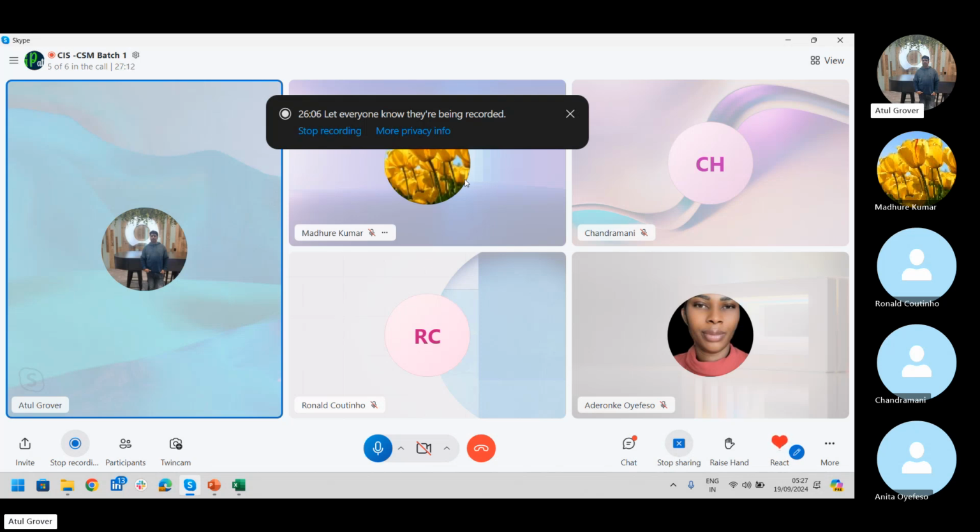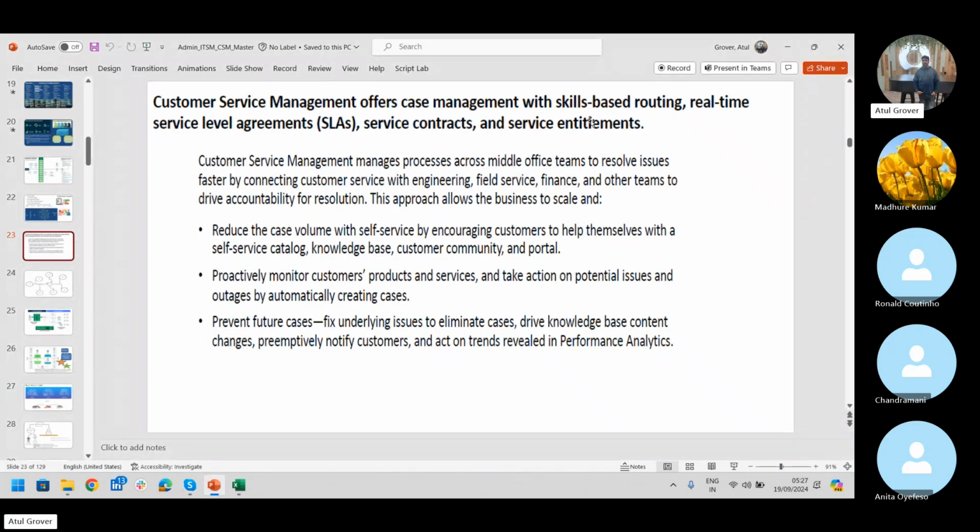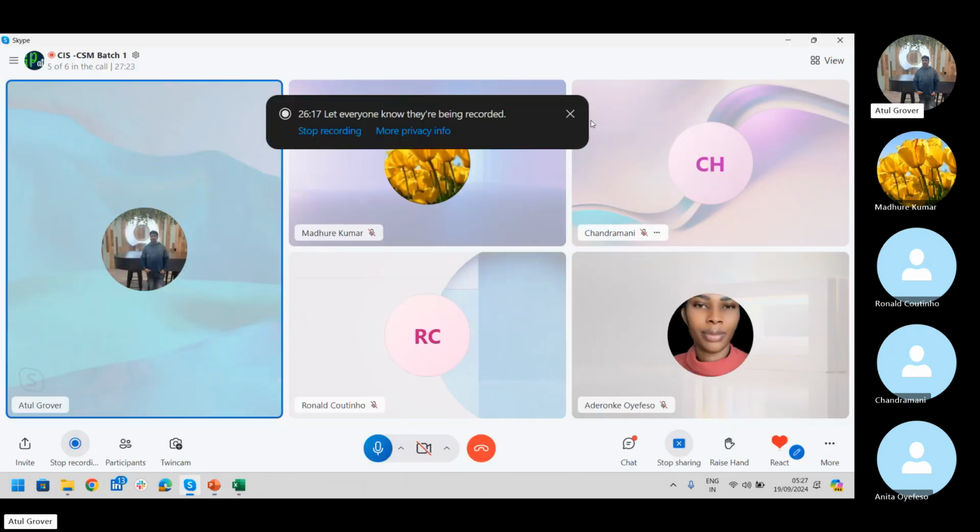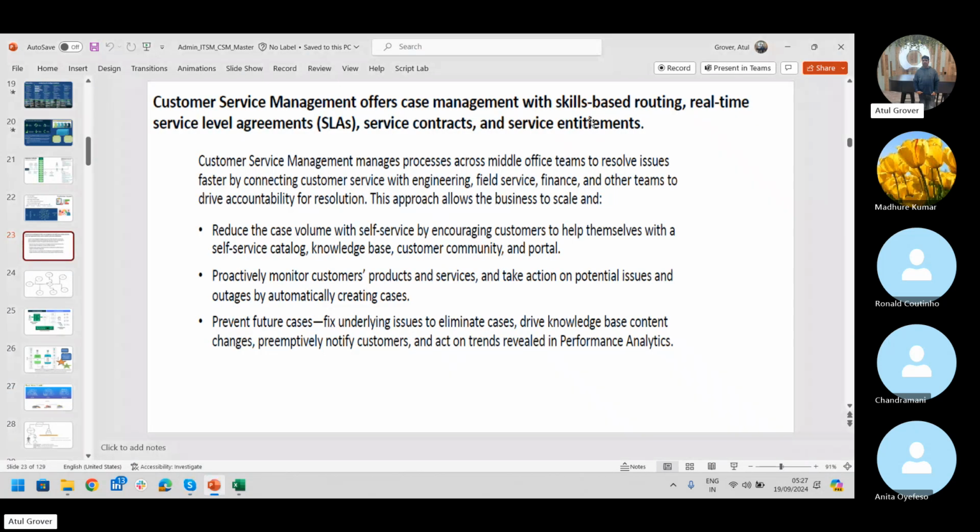If you break it, then you have to pay the rest of the amount. Agreements are contracts. And entitlement. How many of us are using credit cards? Almost everybody. Someone is using very specific credit cards so that whenever they're flying, they can use the lounge free of cost. This is what entitlements are.